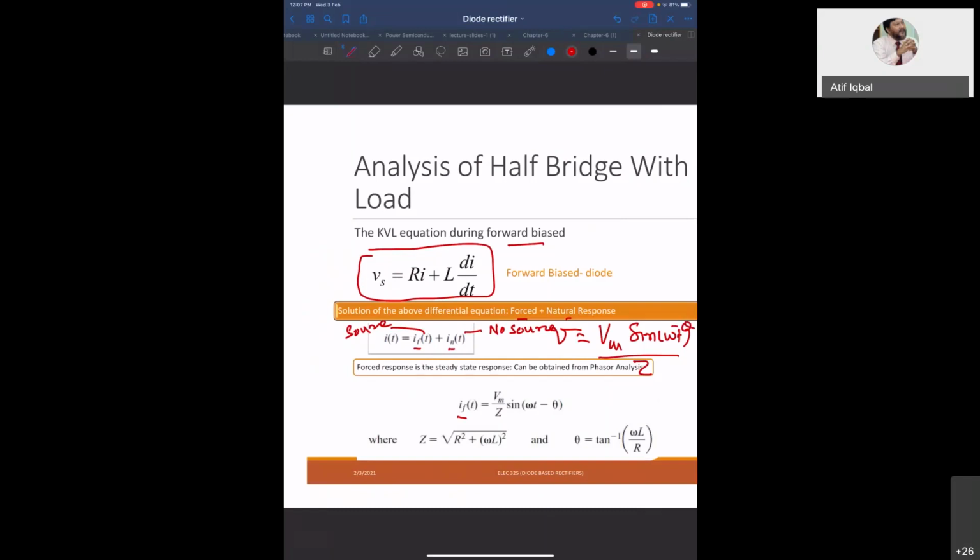We put this angle theta, that is the phase shift between the voltage and current. So the forced response is directly computed from here. The impedance is given by this, and theta is given by this, tan inverse omega L by R. So this is called forced response. Clear?